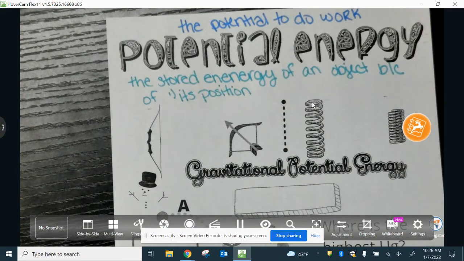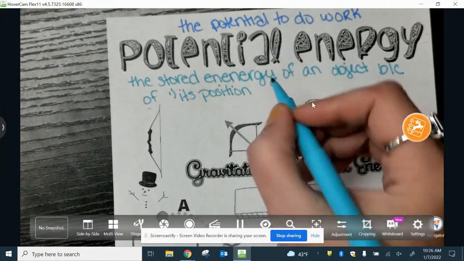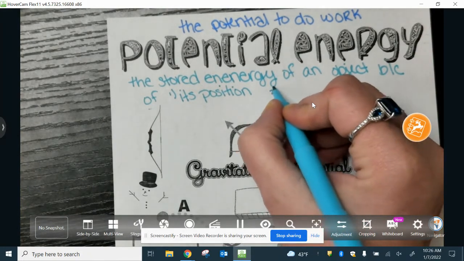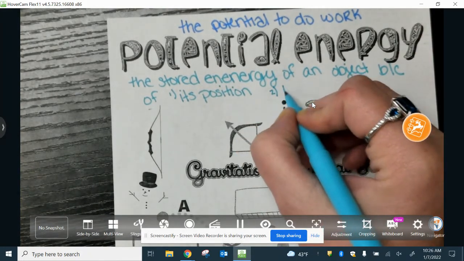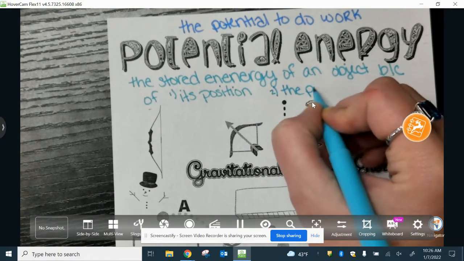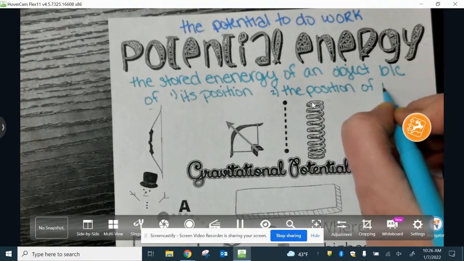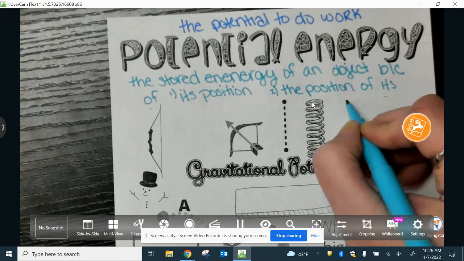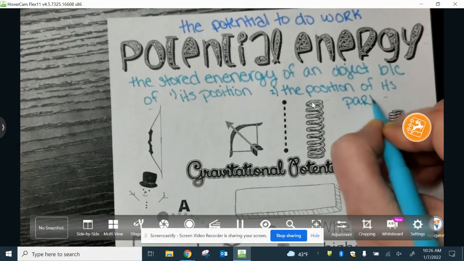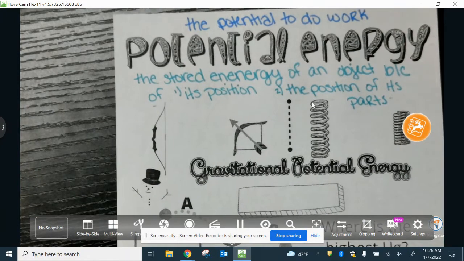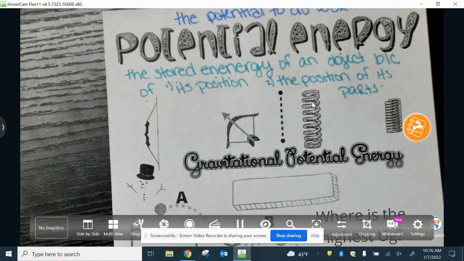Or it also could be the position of its parts. So the second part is a little bit more conceptual until you look at my examples.